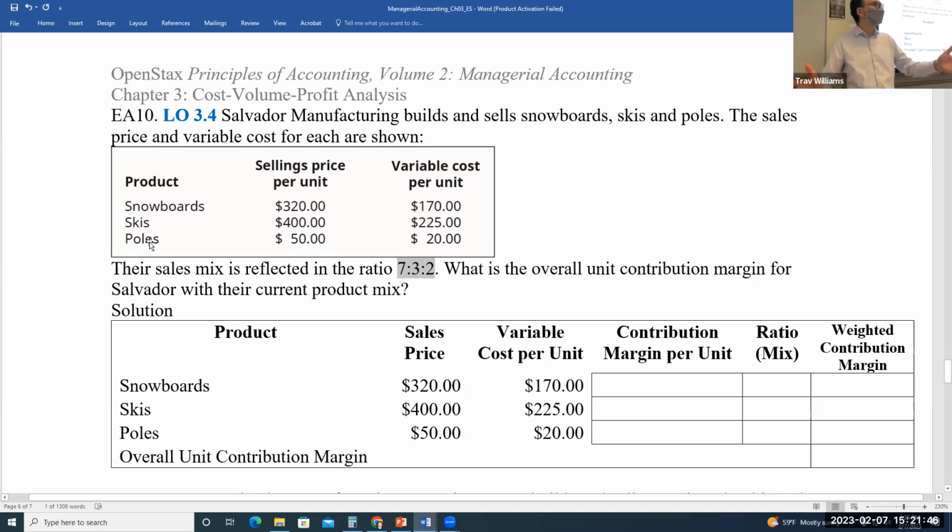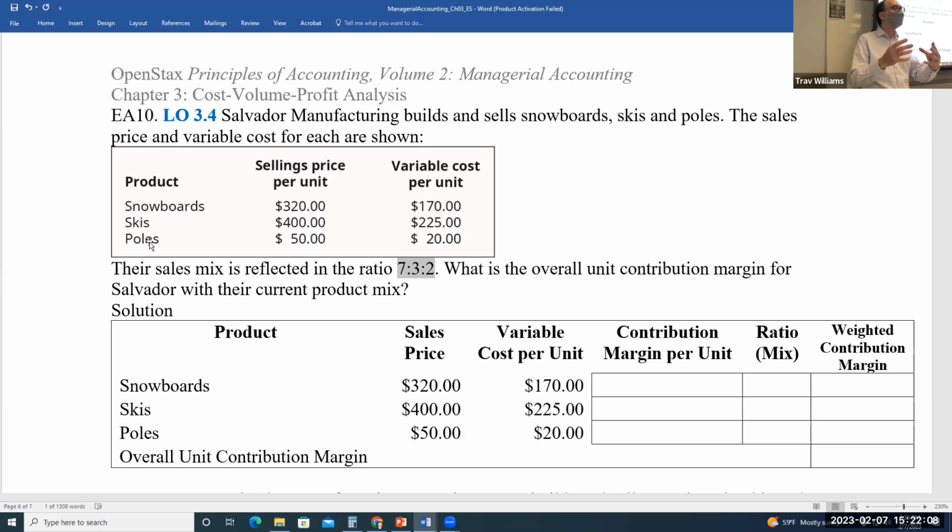Okay, so just looking at historical performance, they come up with that ratio. Then we can use that ratio to build what's called a composite unit. So one composite unit, in this case, would be 7 snowboards, 3 pairs of skis, and 2 pairs of poles. And we'll call that one composite unit.